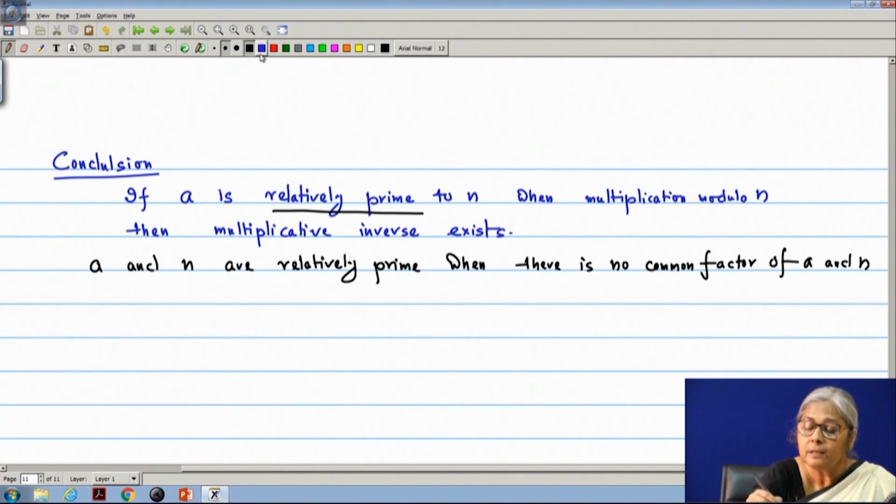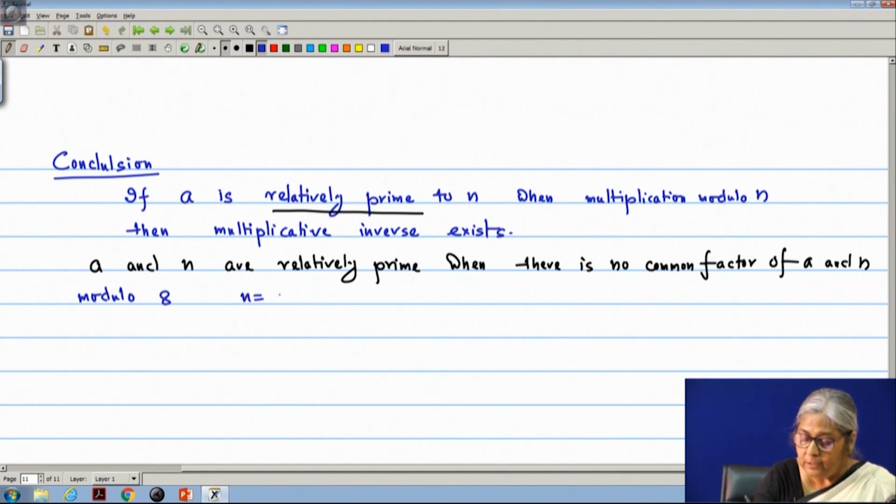So, say I have taken modulo 8. I am taking mod 8 operation.